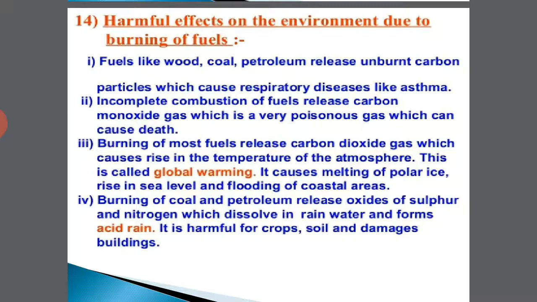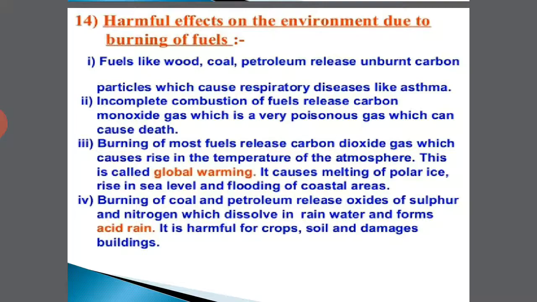Third, the burning of most fuels releases carbon dioxide gas, which causes a rise in the temperature of the atmosphere. This is called global warming. It causes melting of polar ice, rise in the sea level, and flooding of coastal areas.